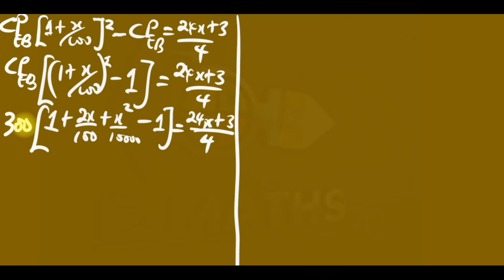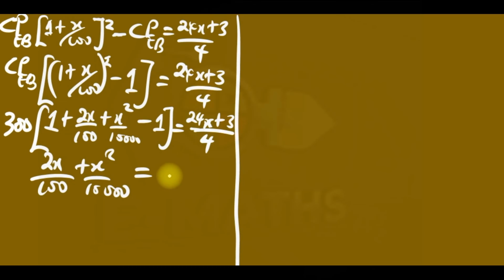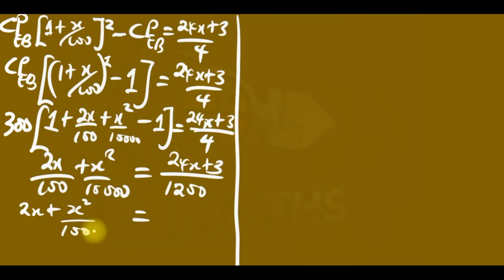Dividing both sides by 300, we have 1 minus 1, so I have 2x over 100 plus x squared over 10,000 equal to (24x + 3) over 1,200.